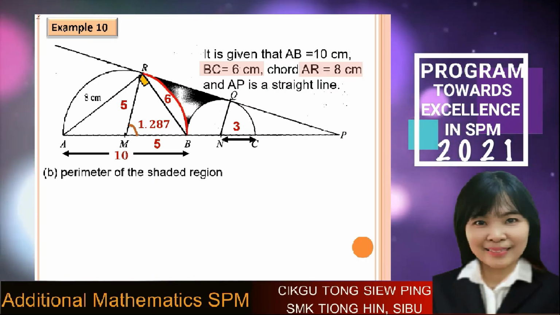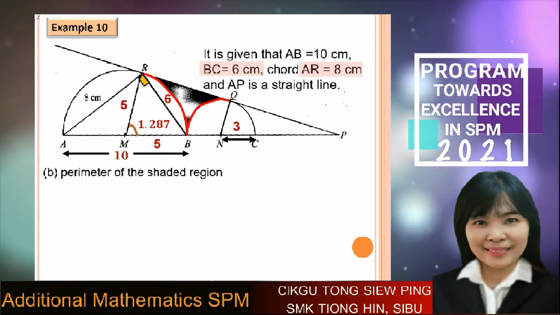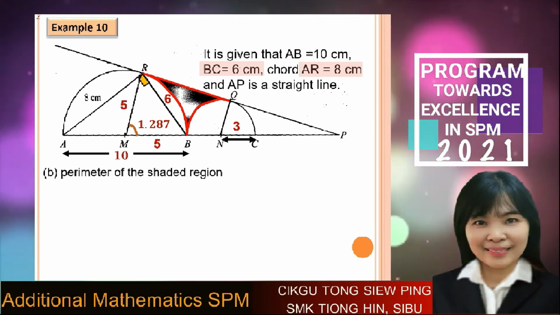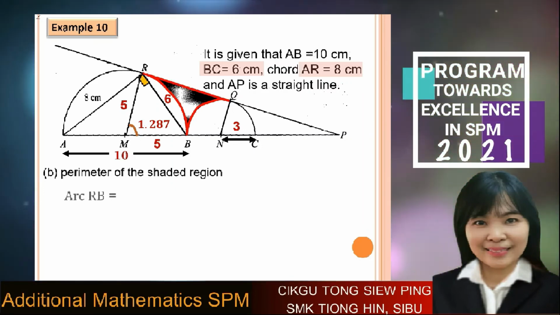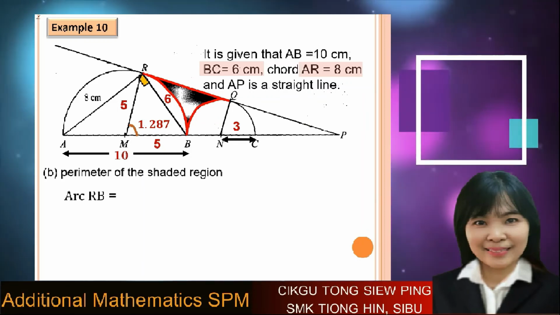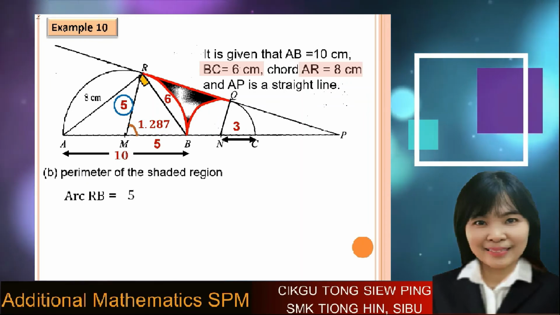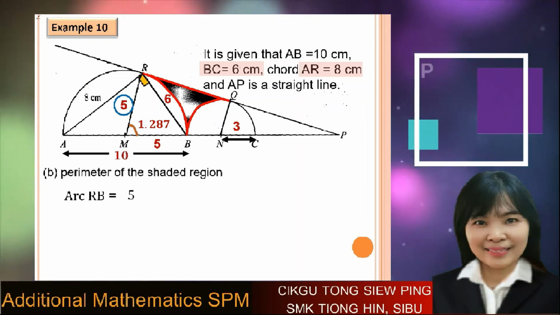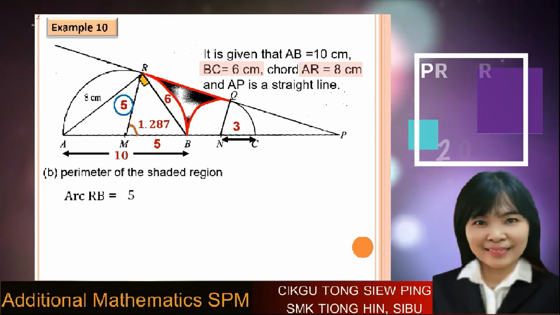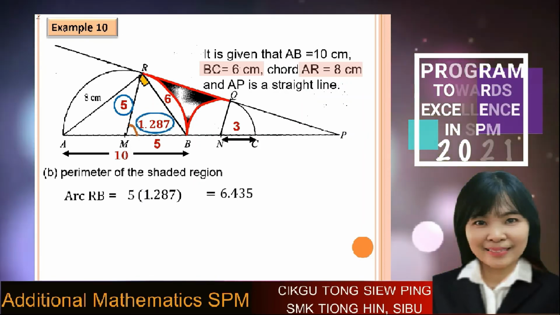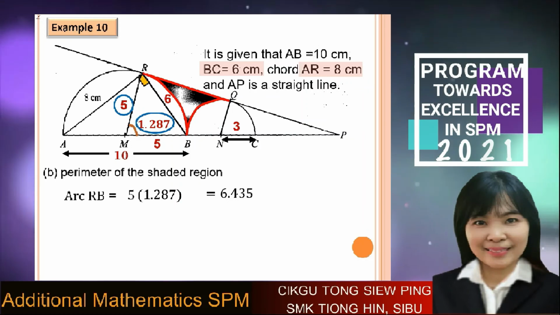That is the arc RB, the arc BQ, and the line RQ. Let's look for the arc RB by using the formula r theta. We substitute r equal to 5 and the angle RMB, that is 1.287, into the formula, and we get the answer 6.435.